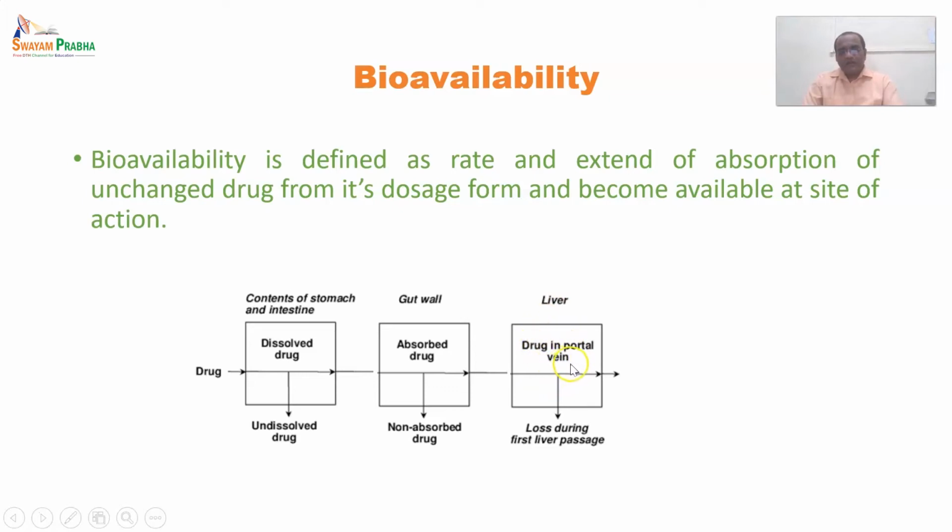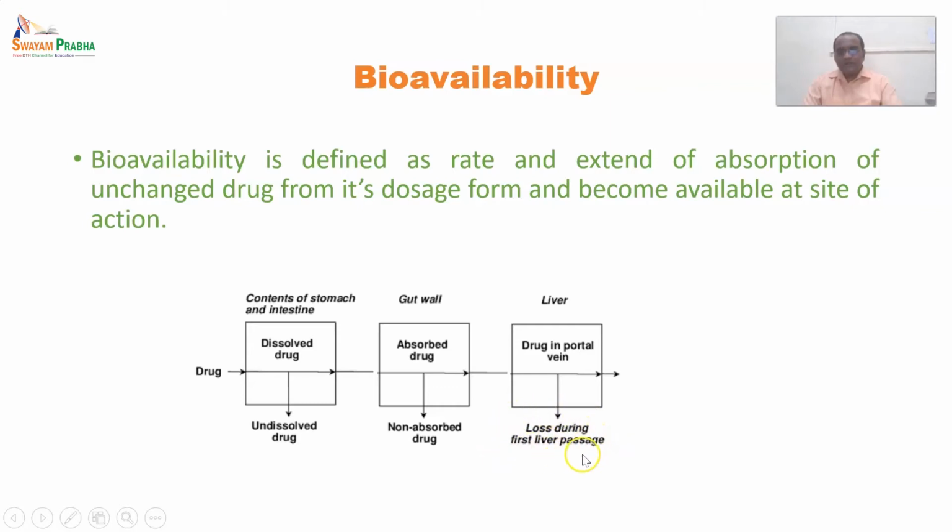So either it becomes active or it becomes inactive, according to the prerequisite of the desired drug we have designed. And once it passes through the liver, it also comes across first pass metabolism, or we can say loss of drug during the first pass of the liver.